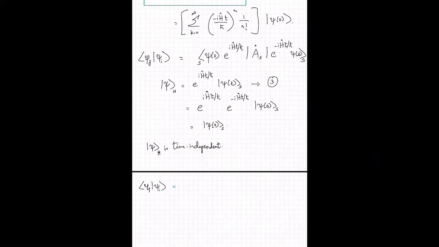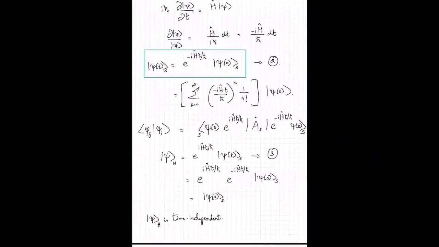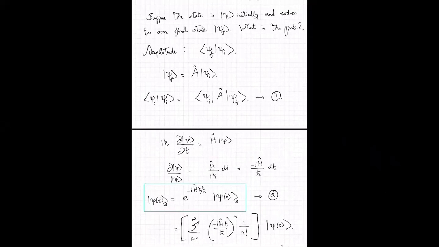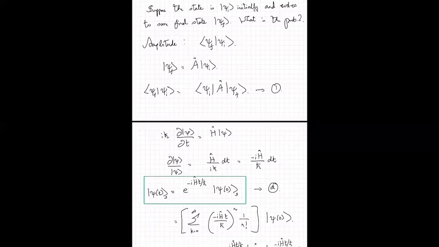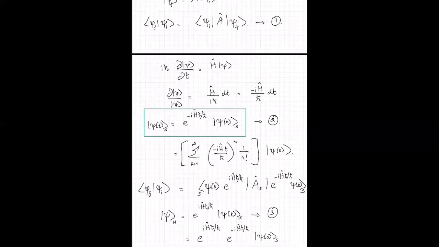Let me again go back to equation number 1. This is basically saying that the amplitude is the overlap of two Schrodinger kets, which I can write as psi i and psi f.